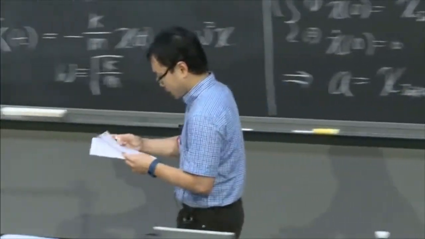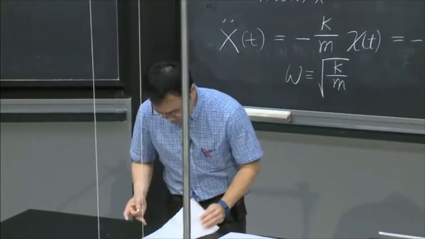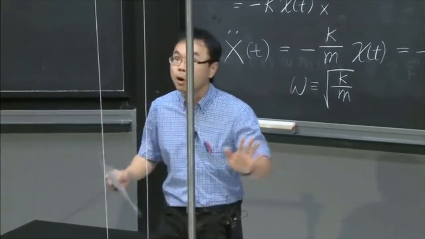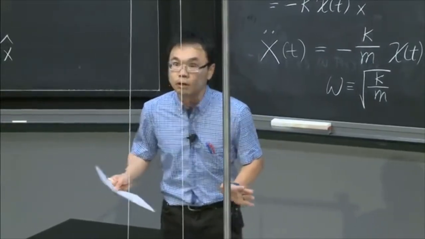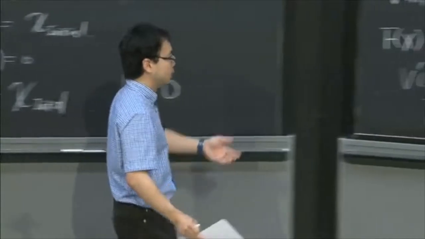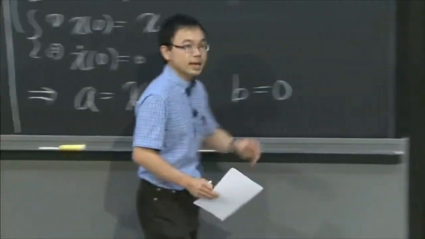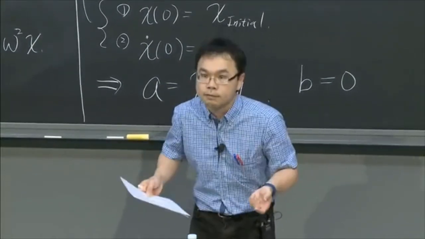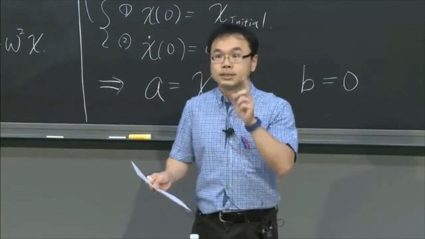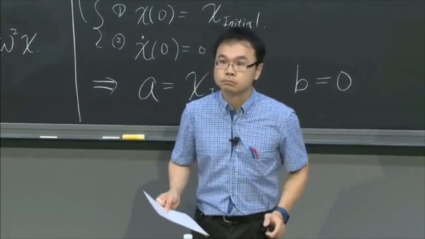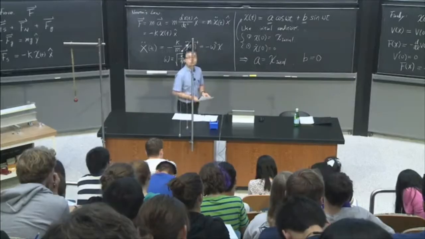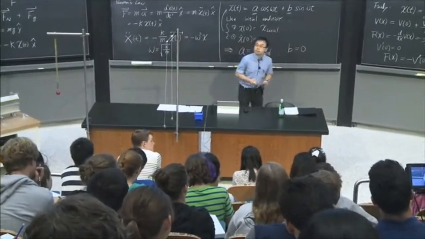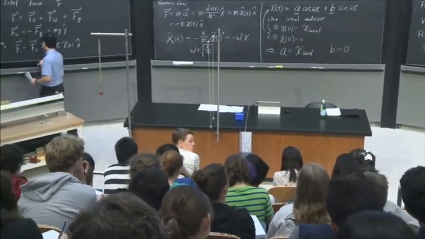So after this exercise, you will see that we have solved all the possible systems which have a well-behaved potential with a minimum. If the amplitude is small enough, the system is going to do simple harmonic oscillation. Any questions? Okay, no questions, then we'll continue.